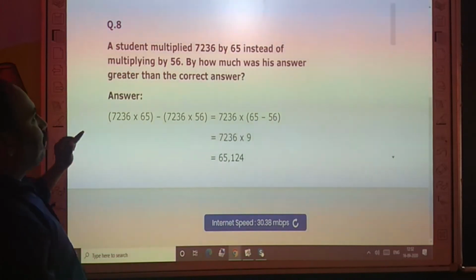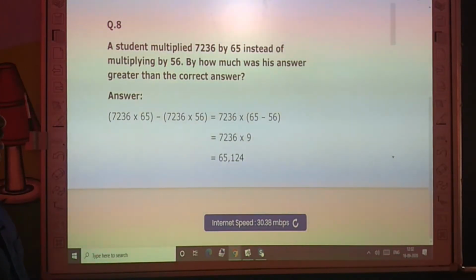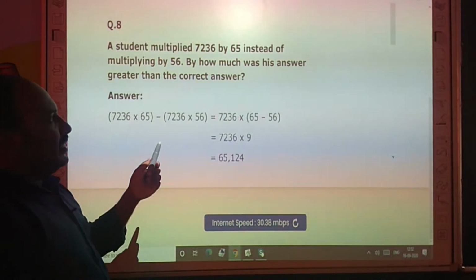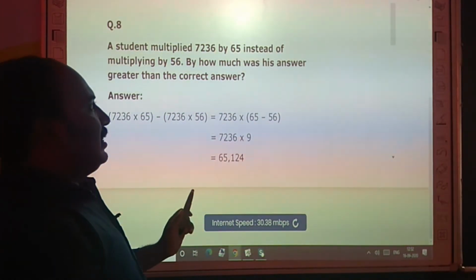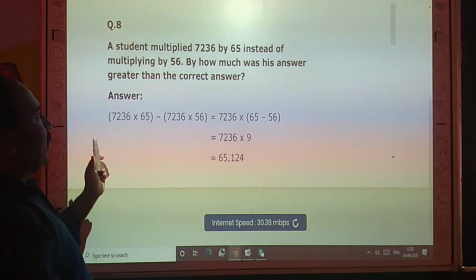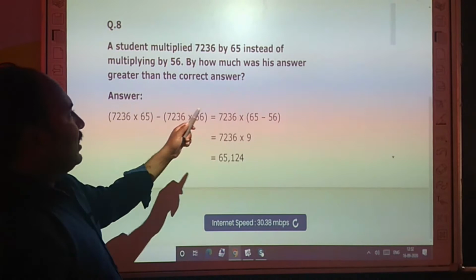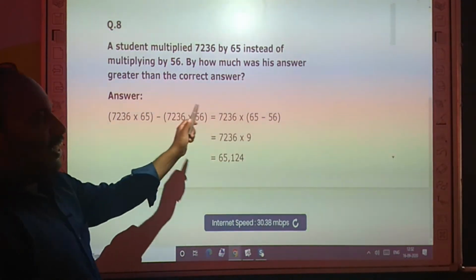Question number 8. A student multiplied 7,236 by 65 instead of multiplying by 56. By how much is the answer greater than the correct answer?